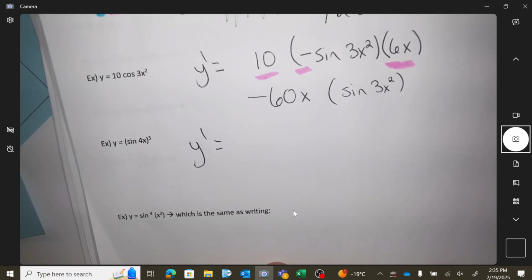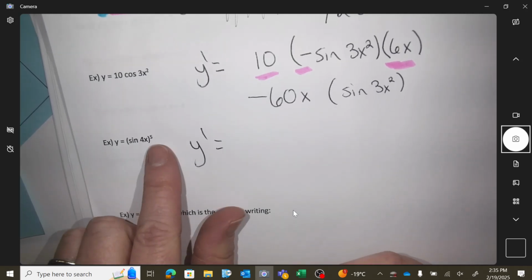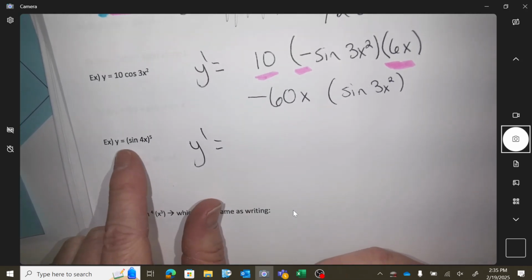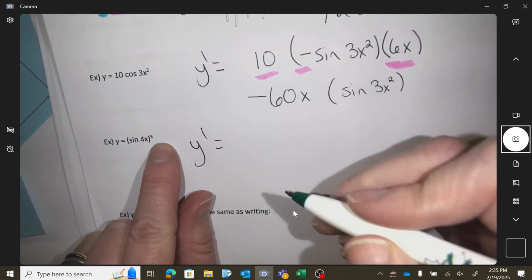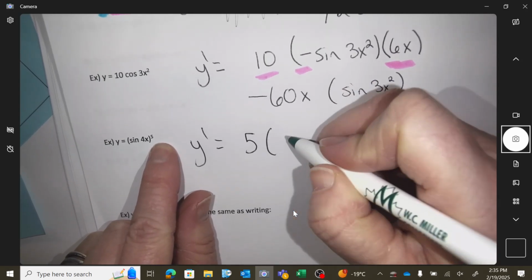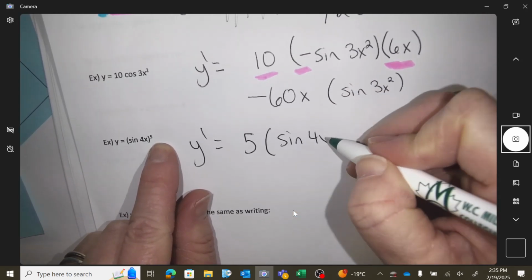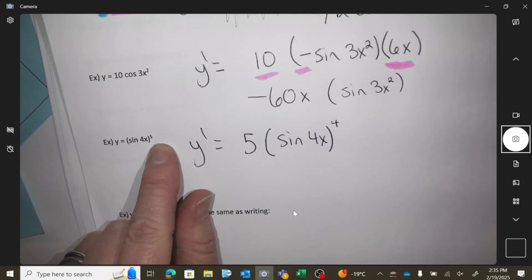Ready? You're gonna start with the chain rule. This is a chain rule. So this was yesterday's. I'm gonna say, what's the front times the top? 5 of those to the 4th.